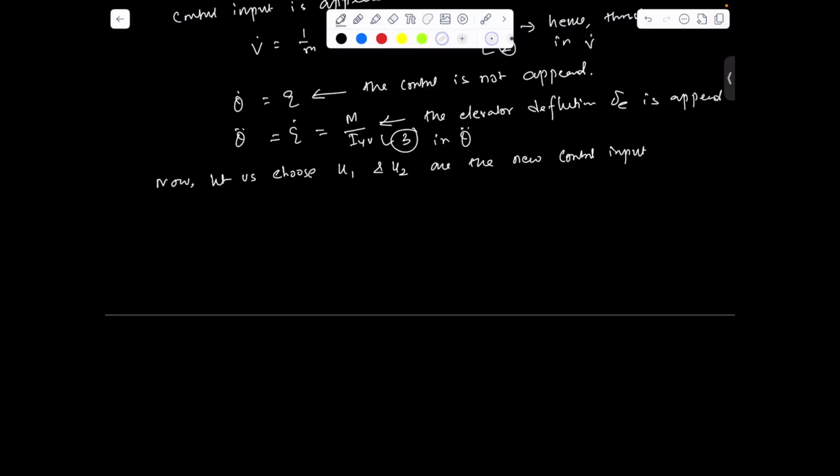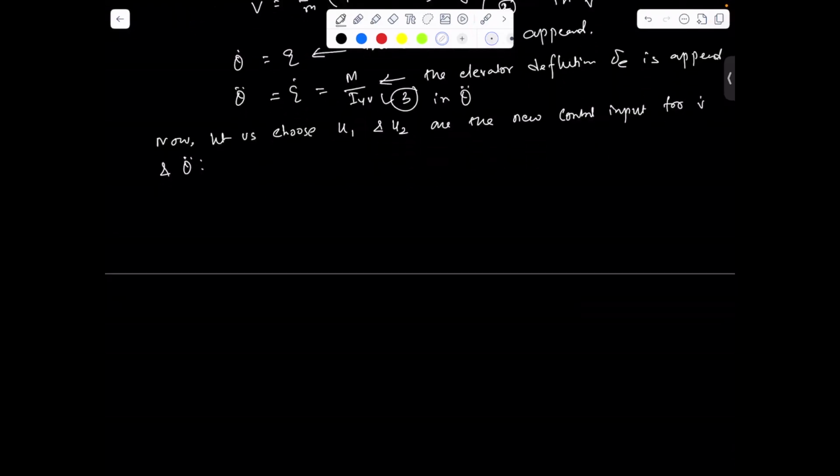Now, these new control inputs U1 and U2 are for V dot and theta double dot. So in this case, we can write V dot equal to U1, or 1 upon m, following the same steps as in the last lecture. T cos alpha minus D minus G sine gamma equal to U1, right?